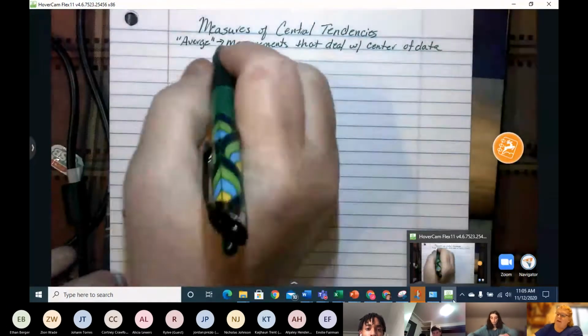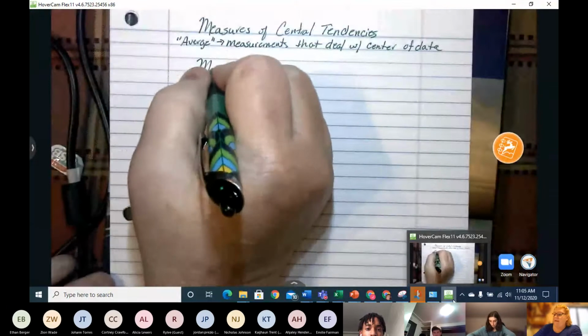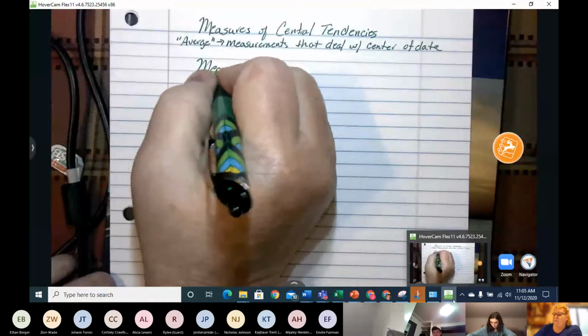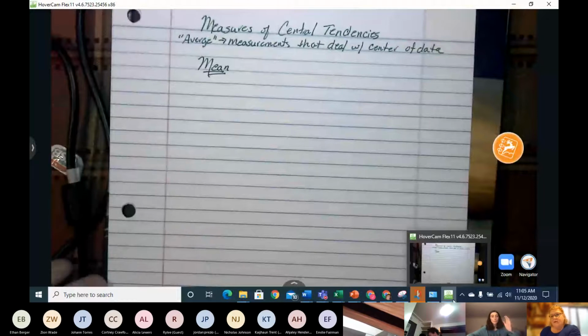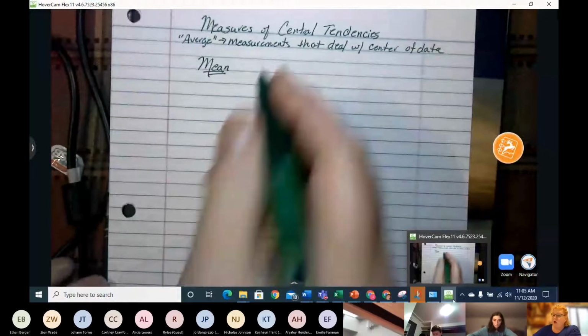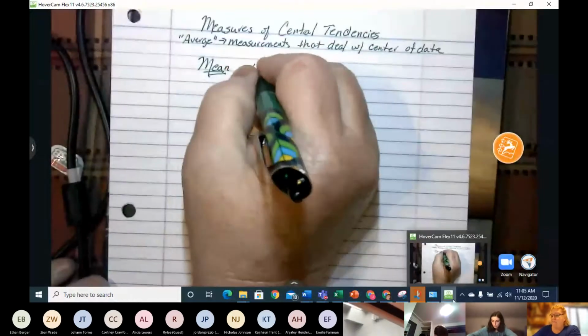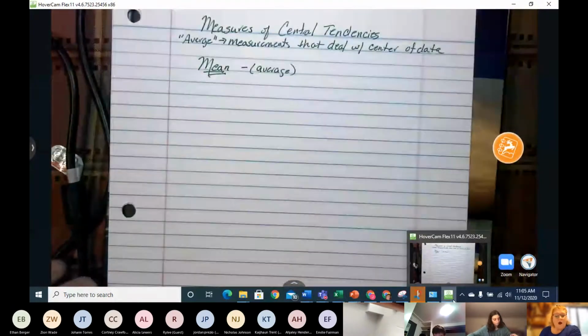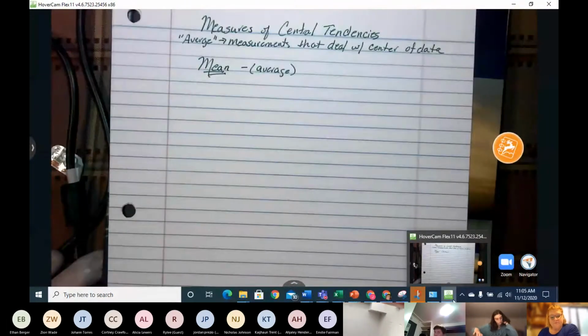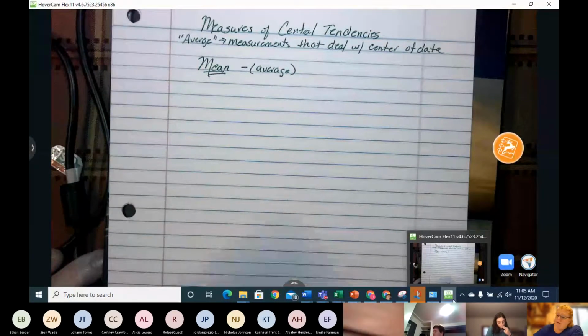We're going to start right off the bat with the mean. So in statistics, rather than calling it an average, we do call it a mean. I know many of you are used to calling it an average. In statistics, we use a formal formula.